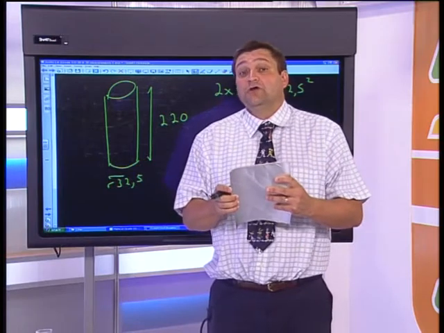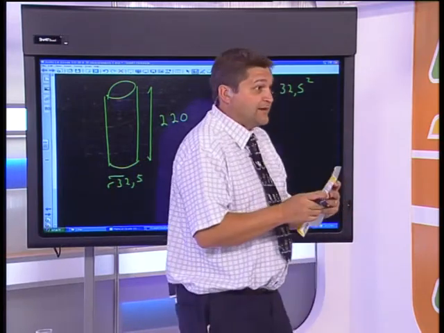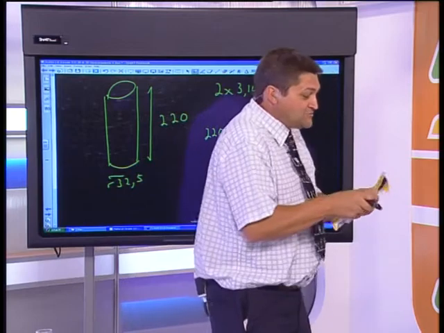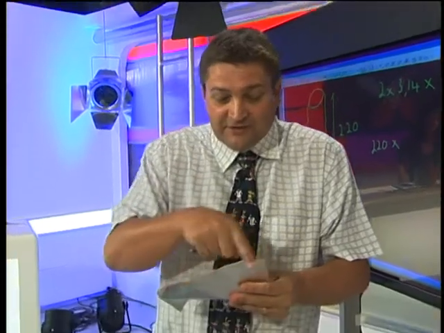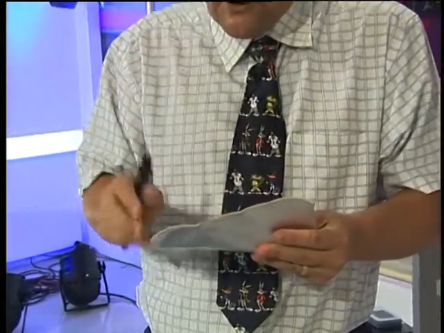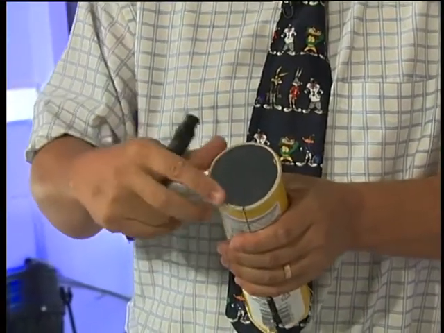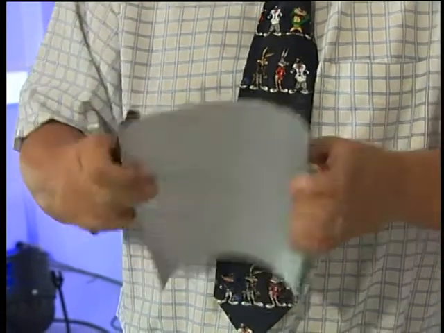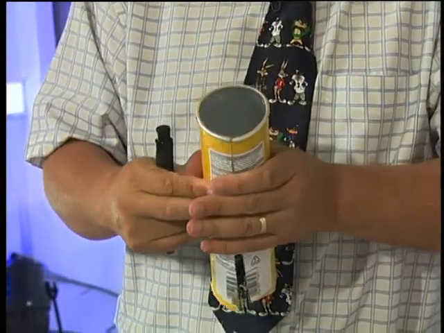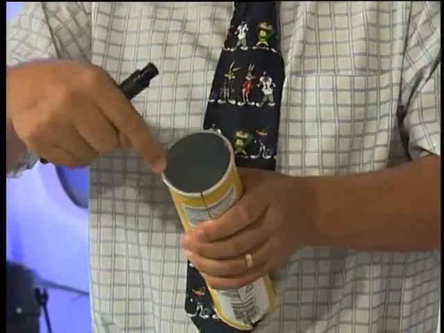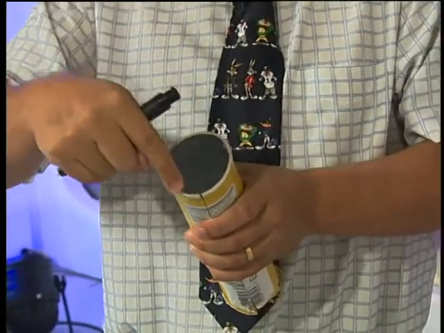What we do know is this: over here we've got the length, but we don't know what it is in the exam. But look at this. Don't you agree that the breadth of the rectangle is the same thing as the perimeter of my circle?